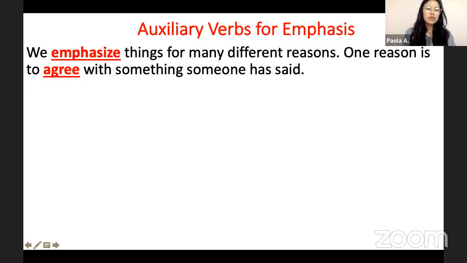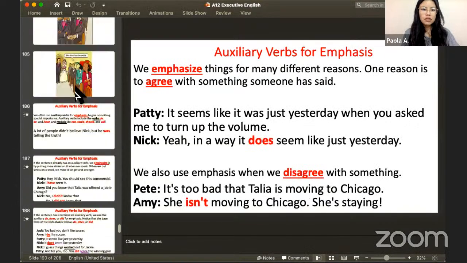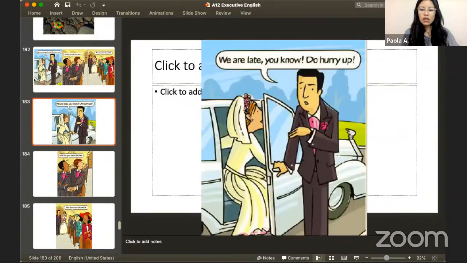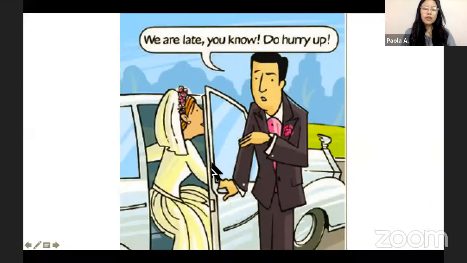Sometimes we just want to, if you remember, let's go back to the example here. What do you think is the reason he's emphasizing this?